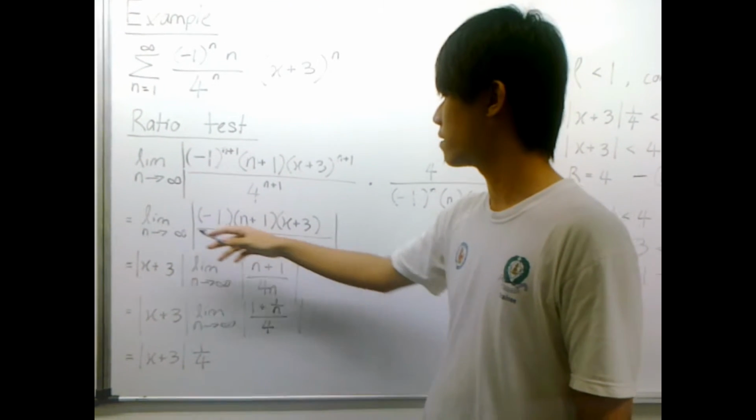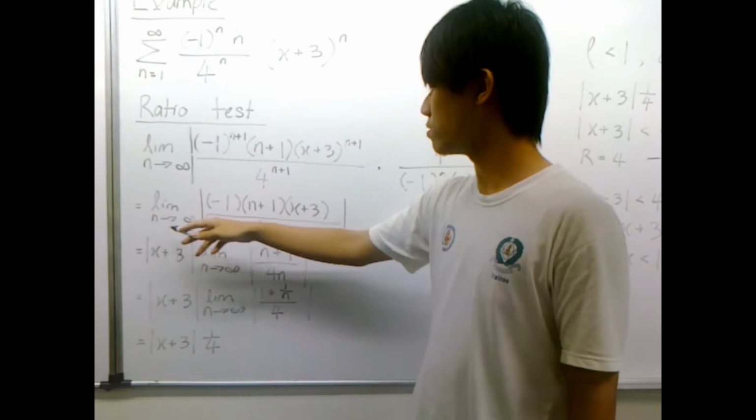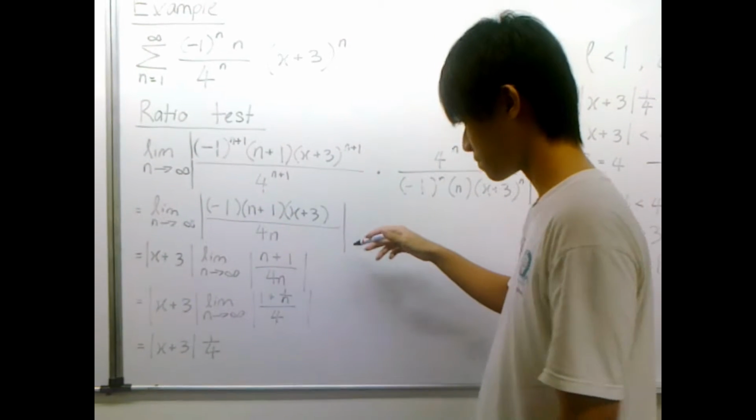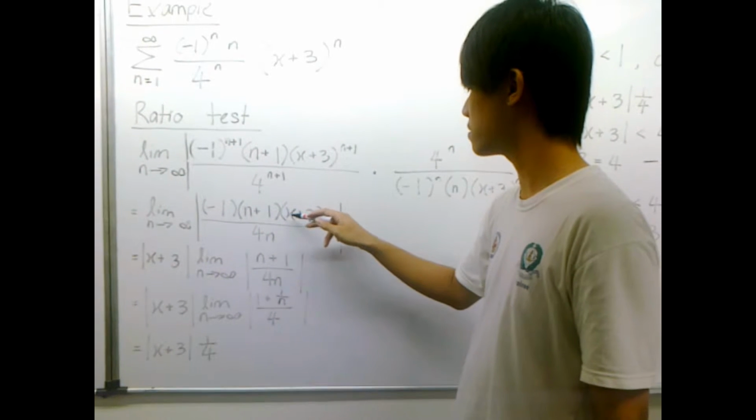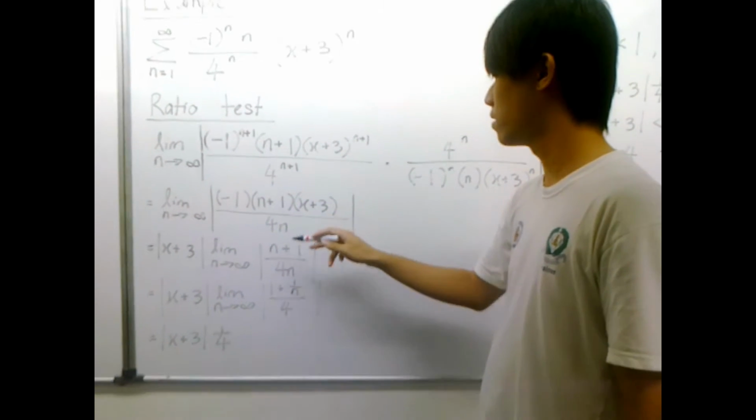And therefore we'll have the limit as n approaches infinity of the modulus of negative 1 times n plus 1 times x plus 3 over 4n.